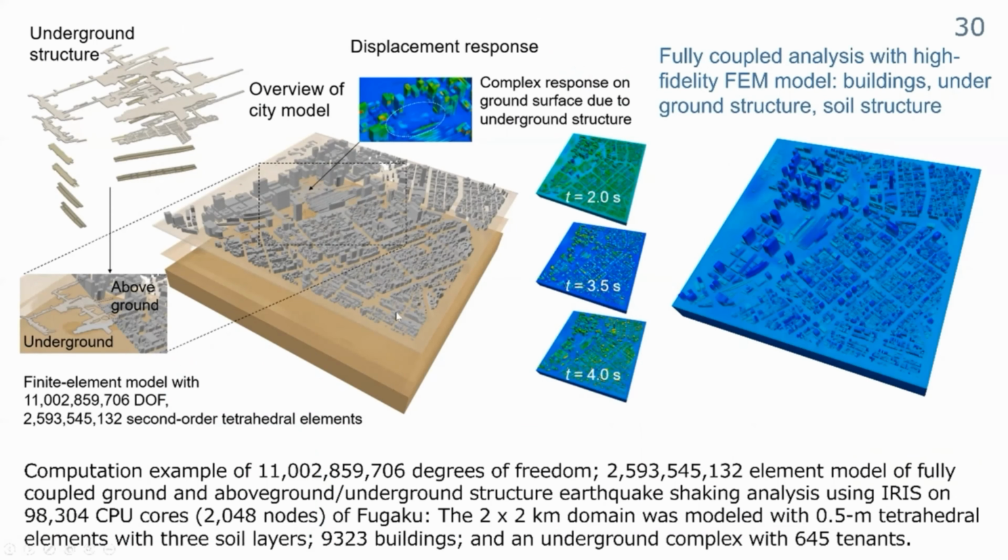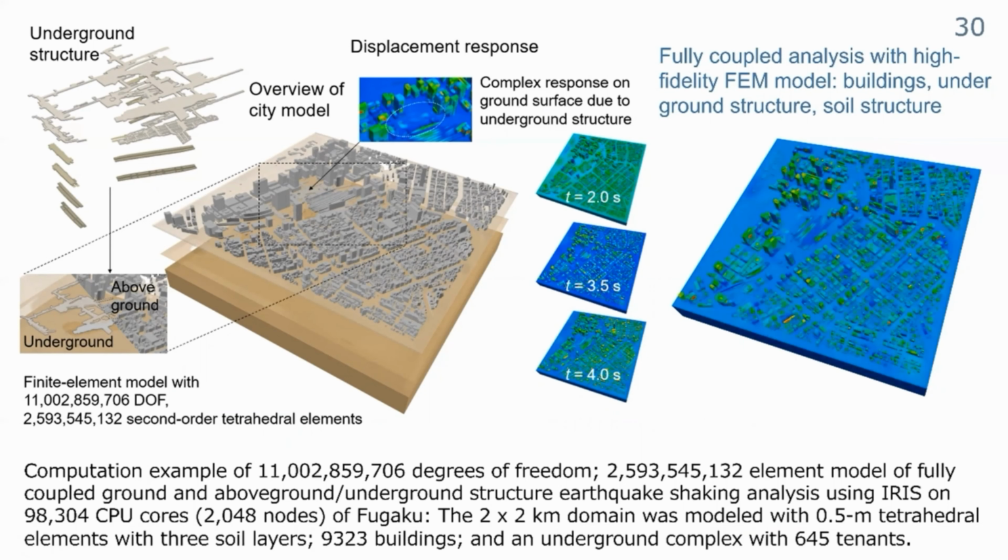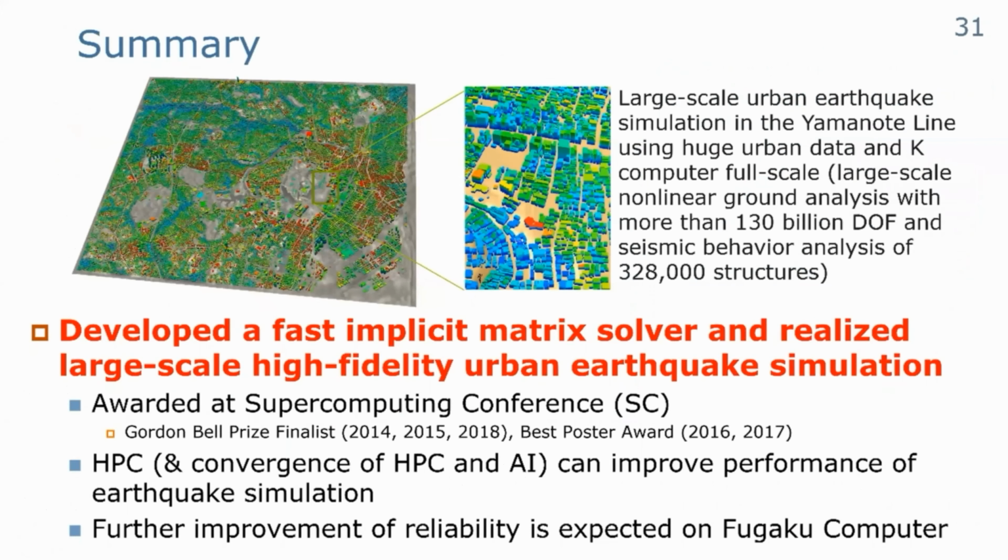This is the fully coupled analysis of the soil structure, buildings, and underground structures. So here's a summary. We developed a fast implicit matrix solver and realized large-scale, high-fidelity urban earthquake simulation. So that's all.